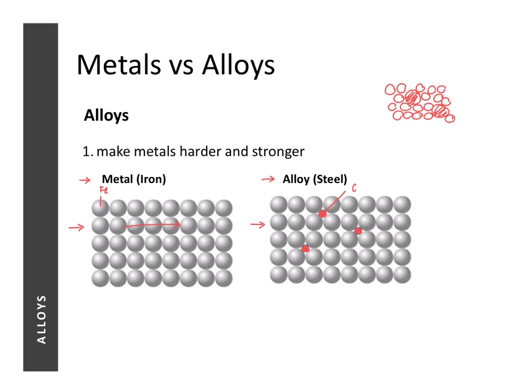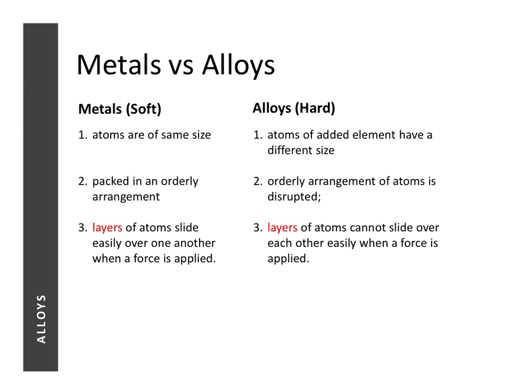So in this case, again, when I apply a force, because the orderly arrangement is being disrupted, the layer can no longer slide as easily. So these are the three important points that you need to write down when explaining why pure metals are soft and why alloys are hard.